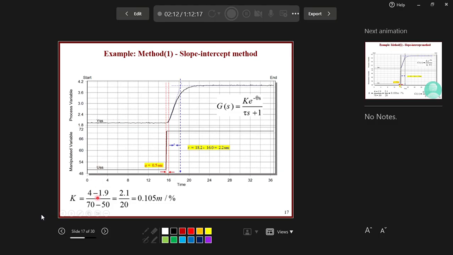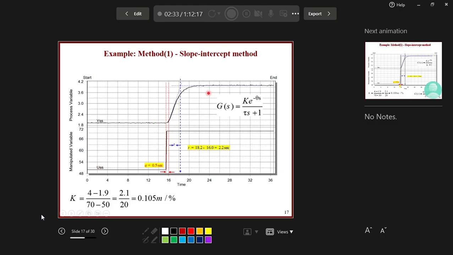The last thing is the K. We know that K is defined as the change in the output divided by the change in the input. For the input, it changed from 50 to 70. So this is m, the change that we are looking for. It is 70 minus 50.